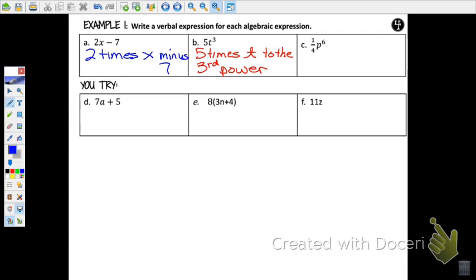Divided. Okay, so I heard somebody say quotient, so I could say the quotient of 1 and 4. Right. And then what are we doing with that fraction and the variable p?